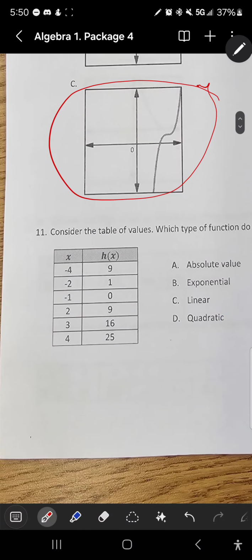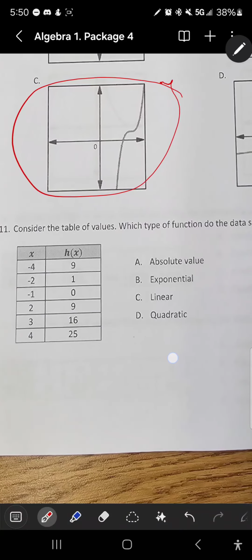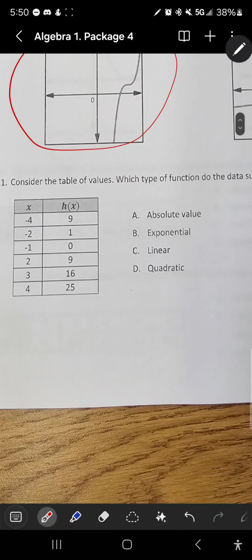Now let's do the next exercise. Consider the table of values. Which type of function do the data suggest? So we can just go and graph it. I just think that's easier. So let's do that. Okay, we need a lot of space in the upper part. -4, -3, -2, -1, and 1, 2, 3, 4.